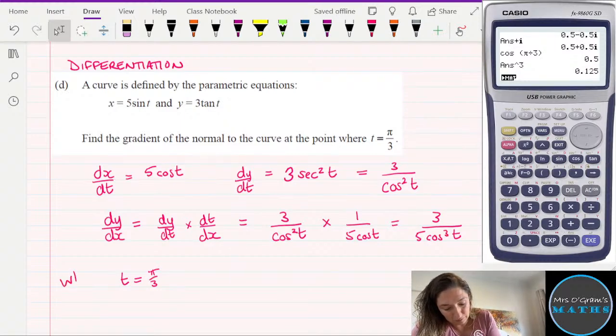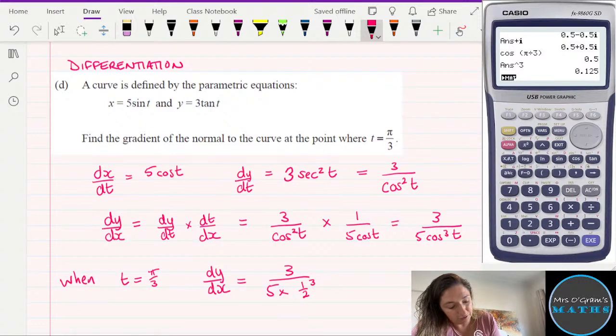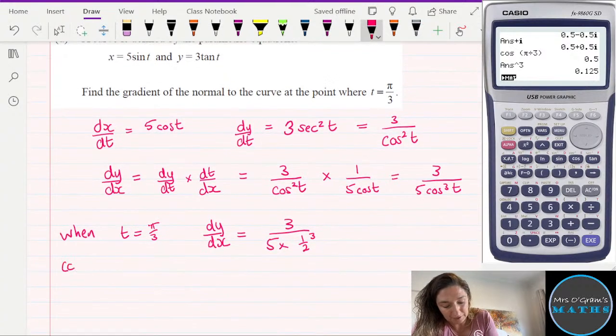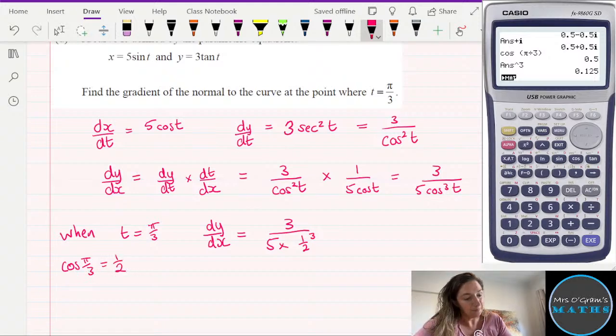So what I'm doing here is when t is pi by 3, dy by dx will be 3 over 5 times 1/2 cubed, because cos of pi by 3 is 1/2. I'll just pop that to the side.